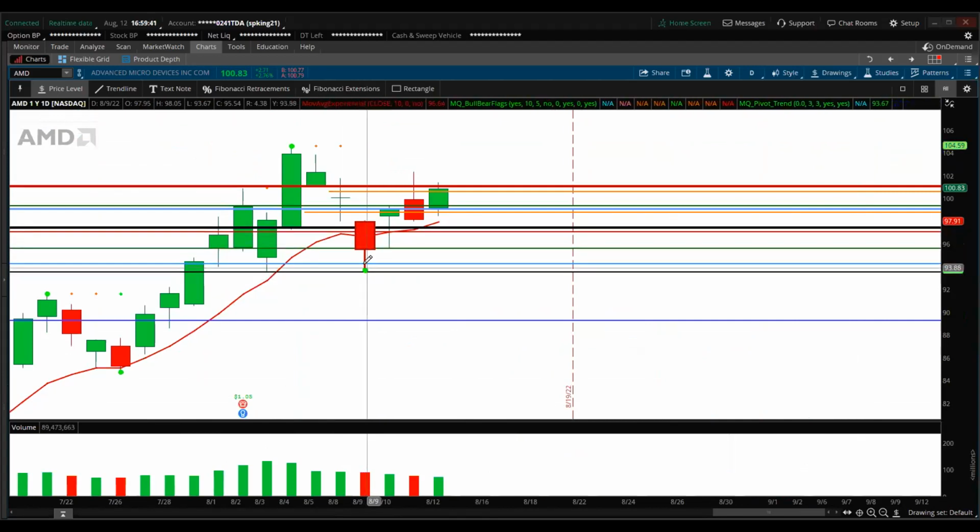I'm still going to use the value of that, 75 cents, as my risk. So if it gets down to 37 cents, that's my 50% level where I'm going to exit if it doesn't work. I'm going to use that 37 cents as my stop loss, or this level here, whichever comes first.